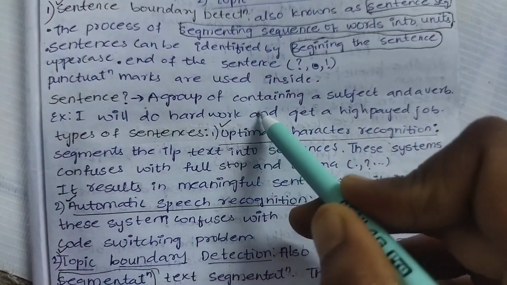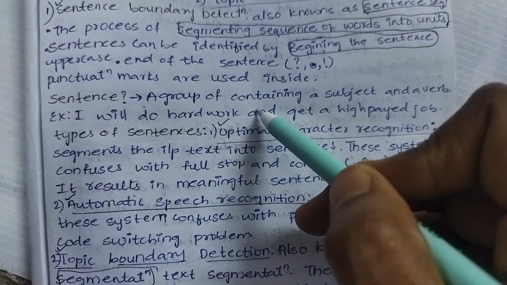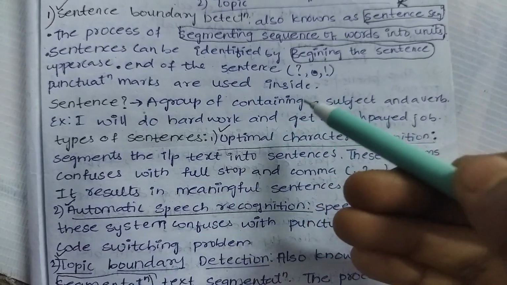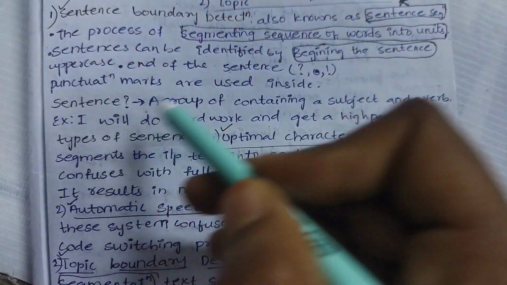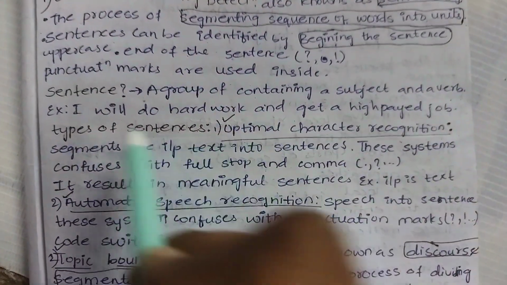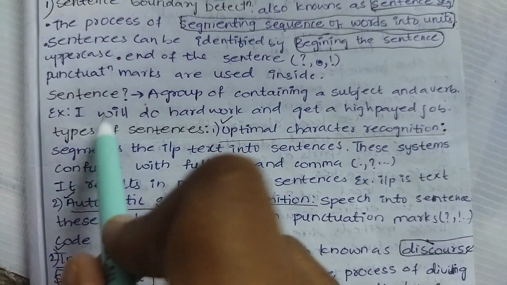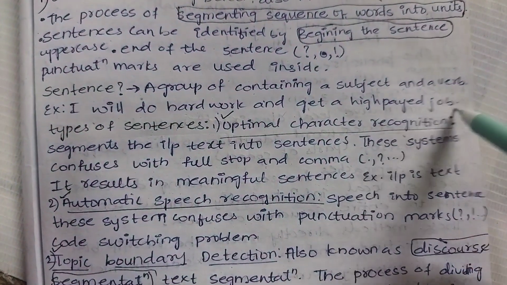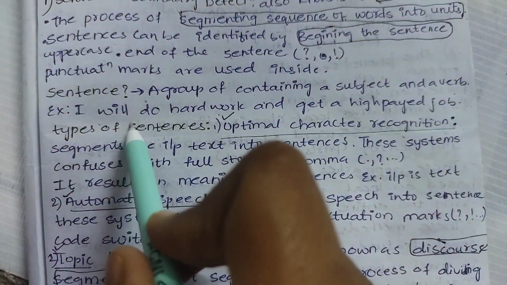A sentence is a group of words which connect and give some meaning. It contains a subject and a verb. For example, "I will do hard work and I get a high paid job." It is a sentence.